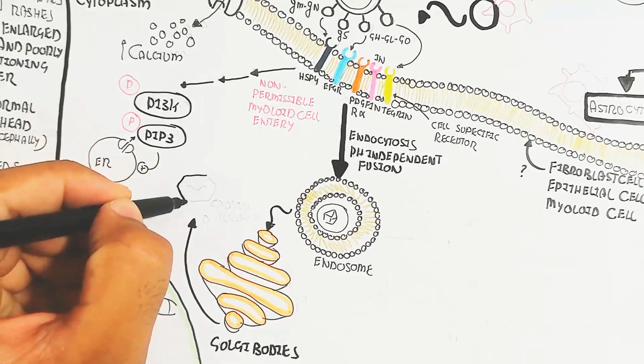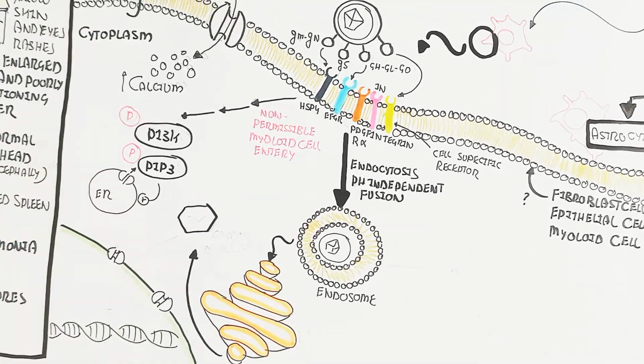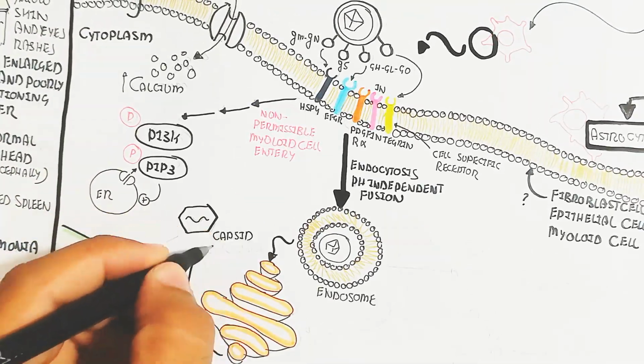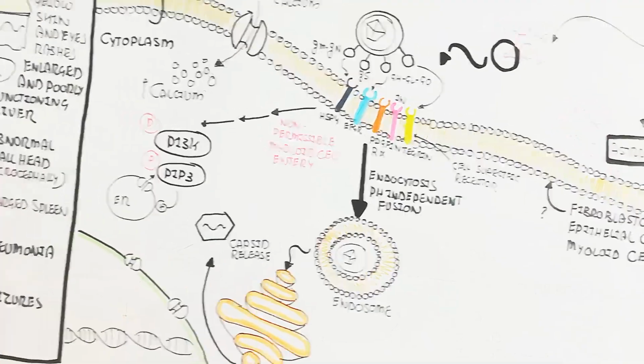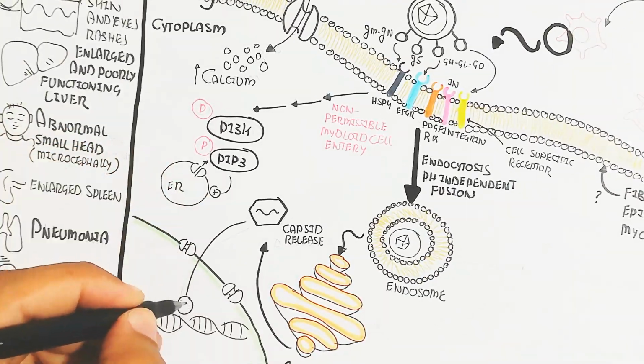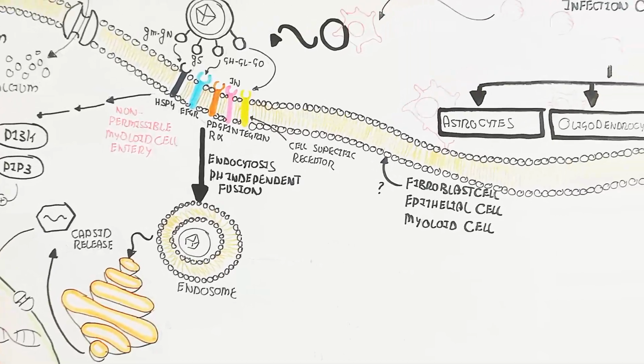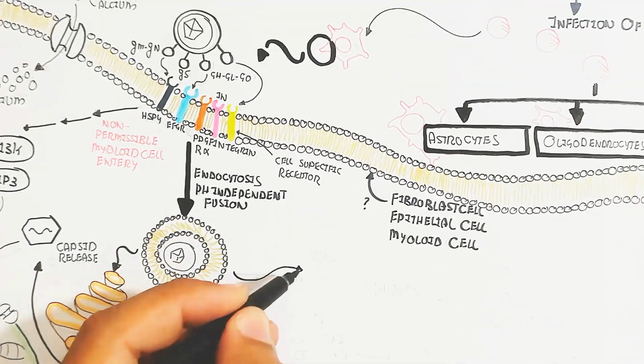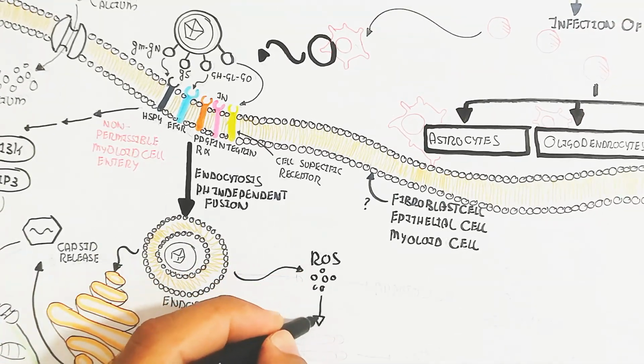The endosome is processed through the Golgi bodies to release the capsid, and the capsid releases the DNA, which targets the nucleus and uses the machinery of the human cell to replicate.